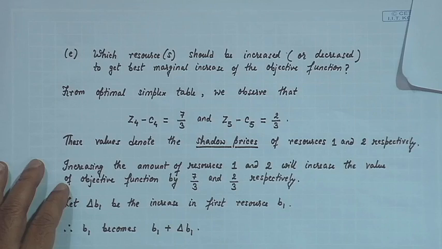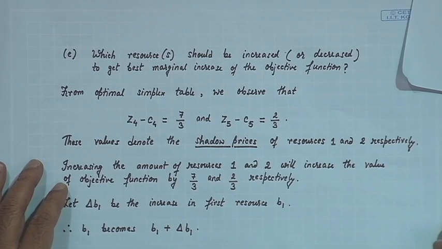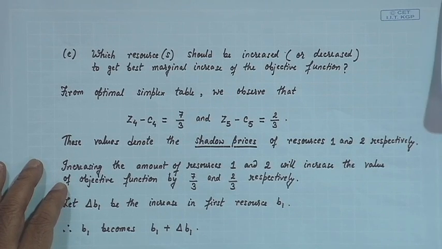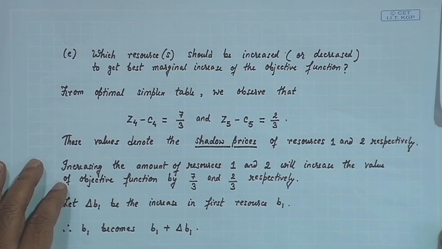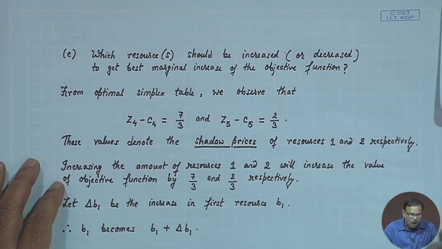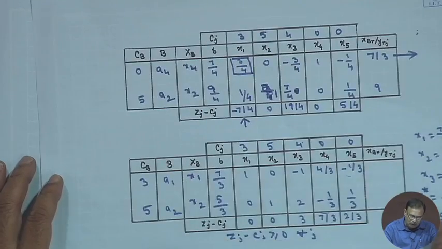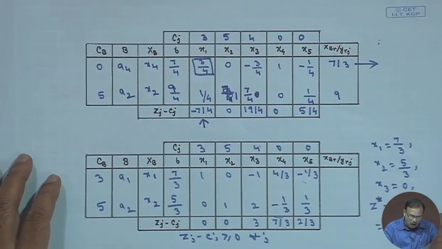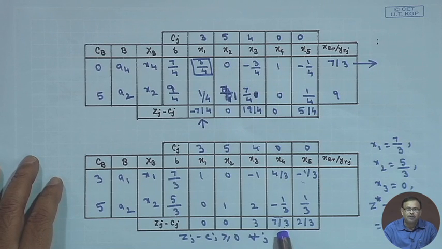Now, which resources should be increased or decreased to get the best marginal increase in the objective function? From the optimal simplex table, the value of Z4 minus C4 is 7 by 3 and Z5 minus C5 is 2 by 3.